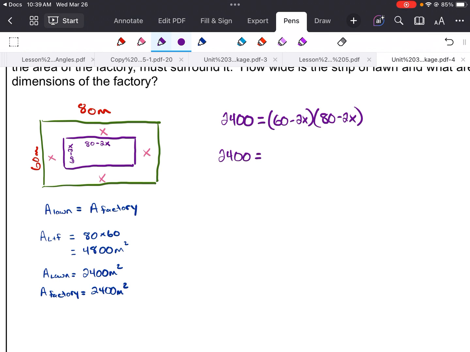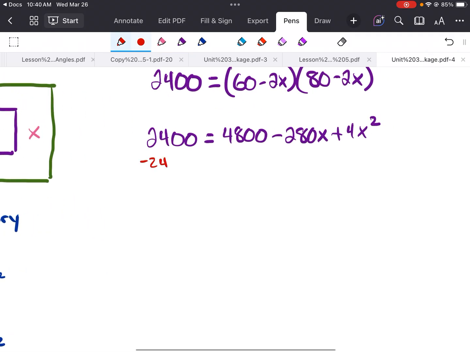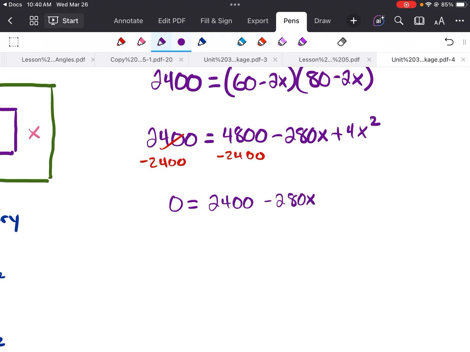So if we expand the 60 minus 2x times 80 minus 2x, we get 4,800 minus 280x plus 4x squared. Okay, we want to solve, so we have to subtract the 2,400 from both sides. So 0 equals 2,400 minus 280x plus 4x squared.